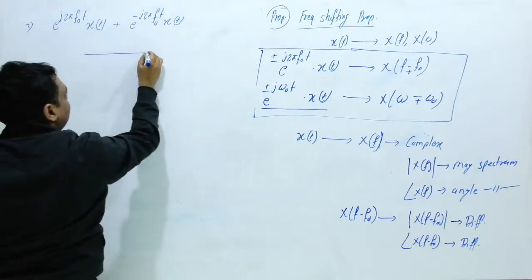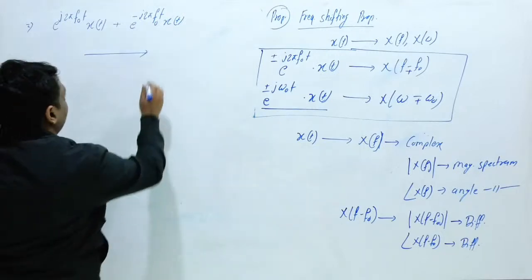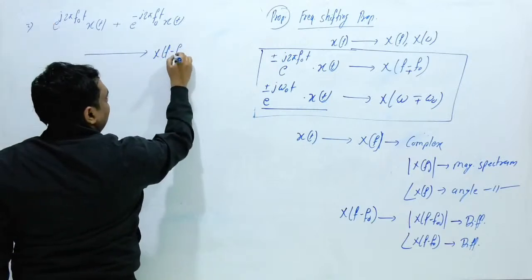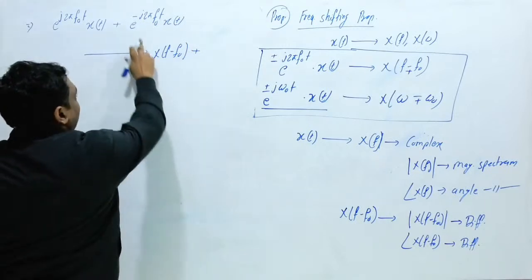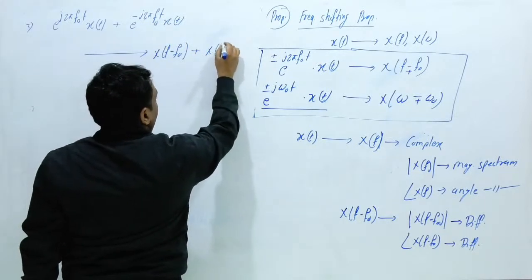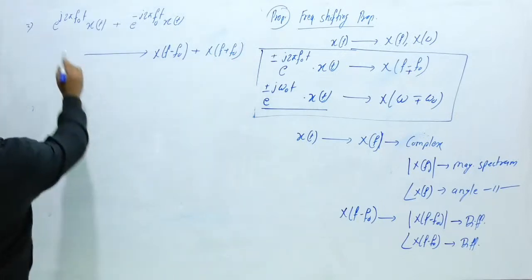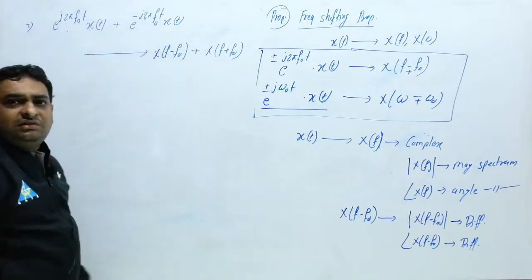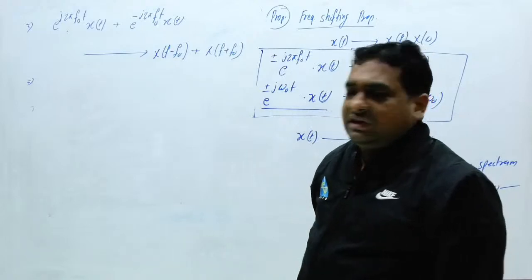What is the Fourier transform? This Fourier transform is X of f minus f0, and plus, the Fourier transform of the other is X of f plus f0. And e raised to power j theta plus e raised to power minus j theta, divided by 2, is cos theta.